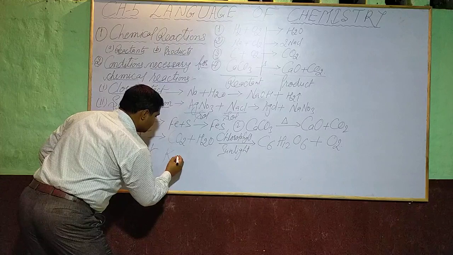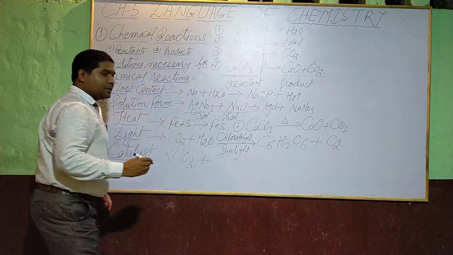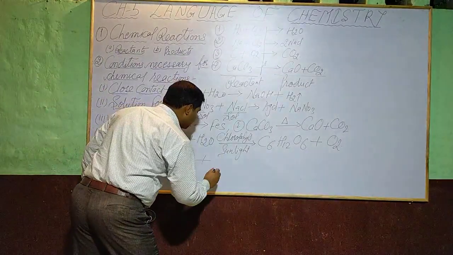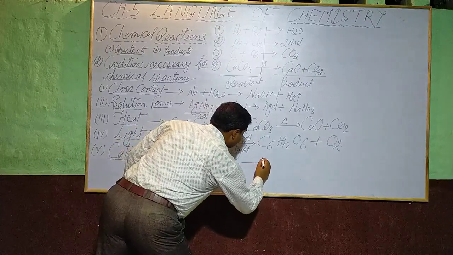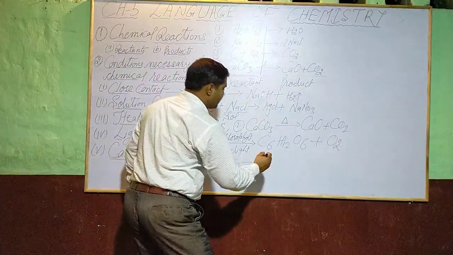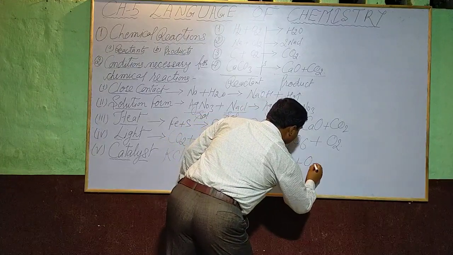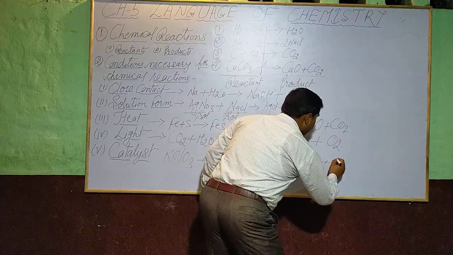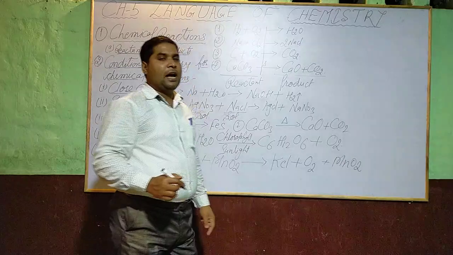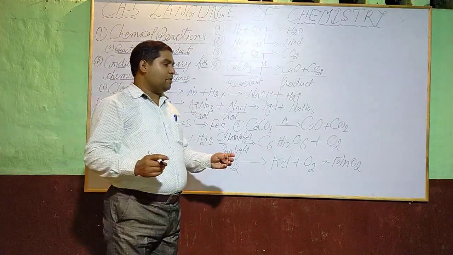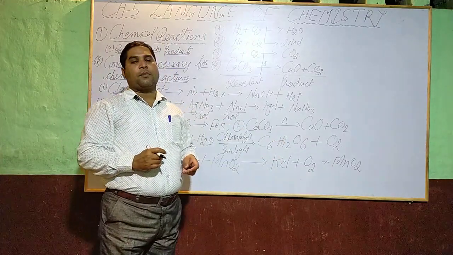Potassium chlorate, in the presence of manganese dioxide, decomposes into potassium chloride plus oxygen, and manganese dioxide remains the same, and without any change it can be seen on the product side.